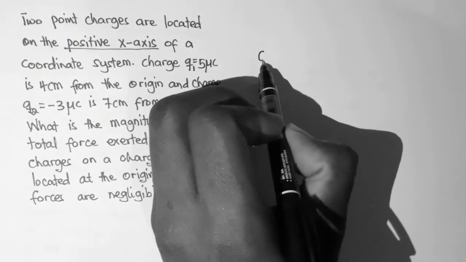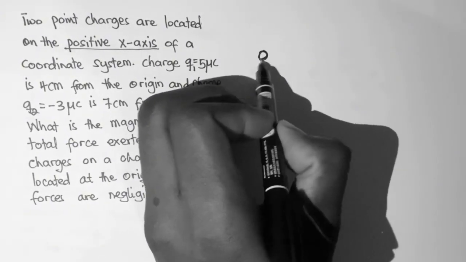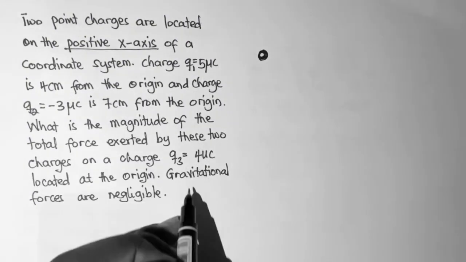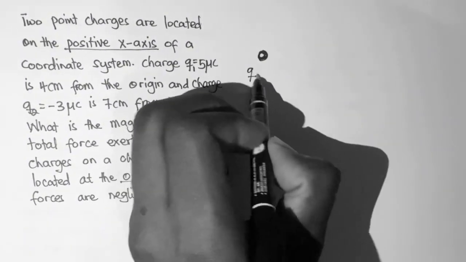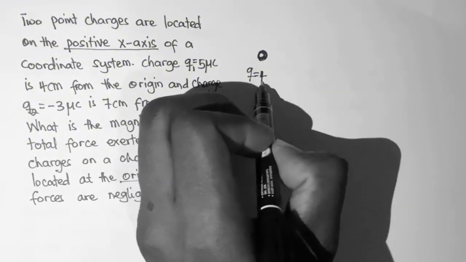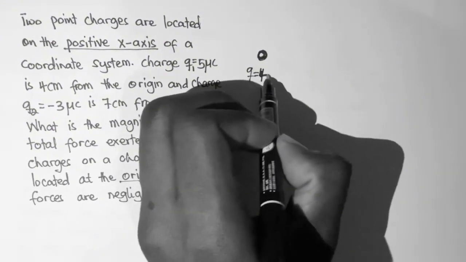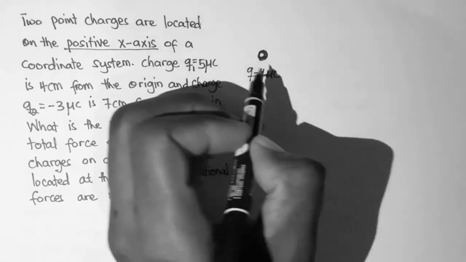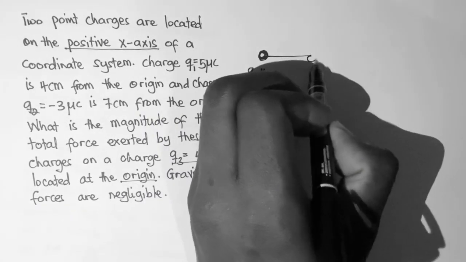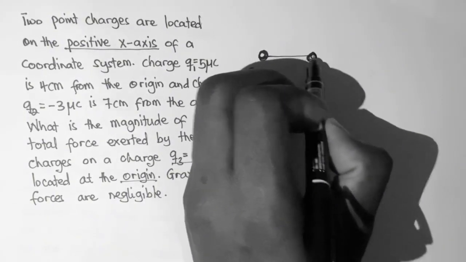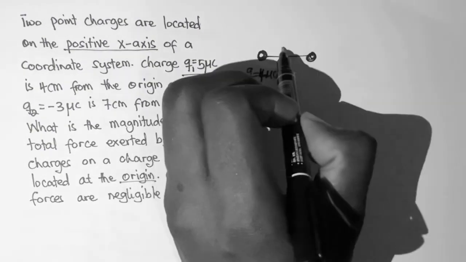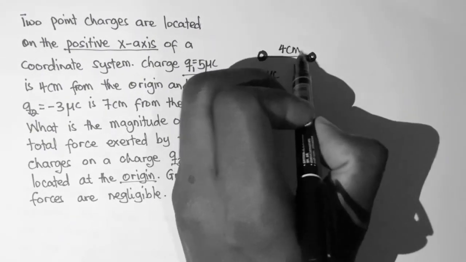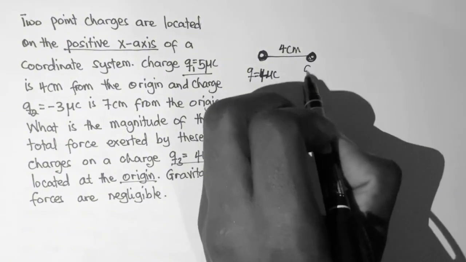So the first thing is that they are all located on the positive x-axis, and therefore let's first start with the origin. So this is charge Q3, the one located at the origin. Q3 equals 4 microcoulombs. And then we have the second charge, the first one, which is Q1, 5 microcoulombs, and it's 4 centimeters. So here is 4 centimeters, and then we have Q1.